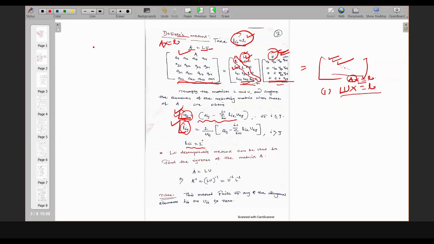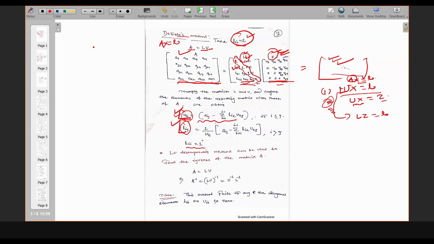Then you find the L and U matrices. Then you take UX equal to Z.